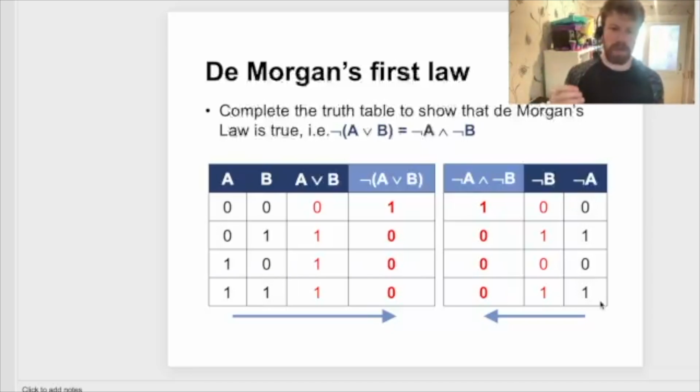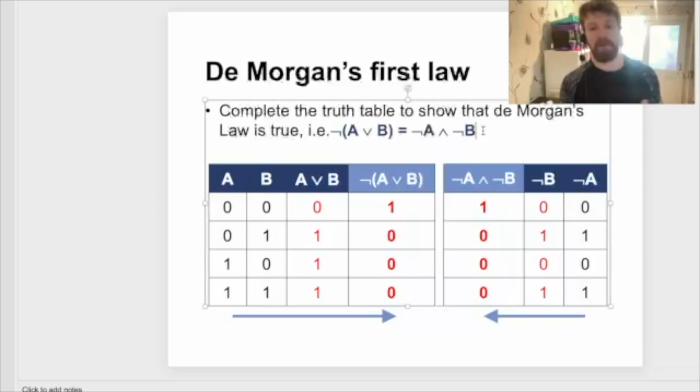Now, with the first law, one of the first ones is that not (A or B) is equal to not A and not B. If this is the first time you've looked at this, you're probably thinking to yourself, why do I need to know that? In certain situations, it's going to be more beneficial for you to swap that into that, and in other situations it's going to be more beneficial to go that into that.